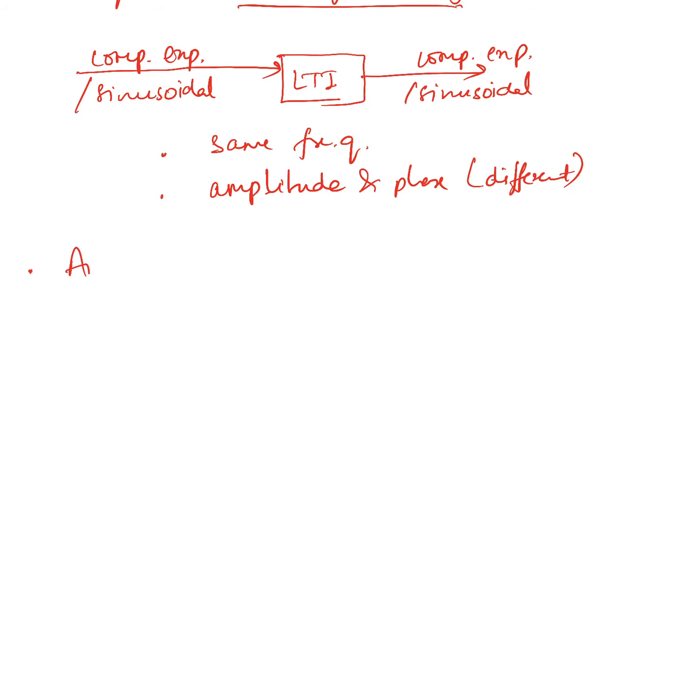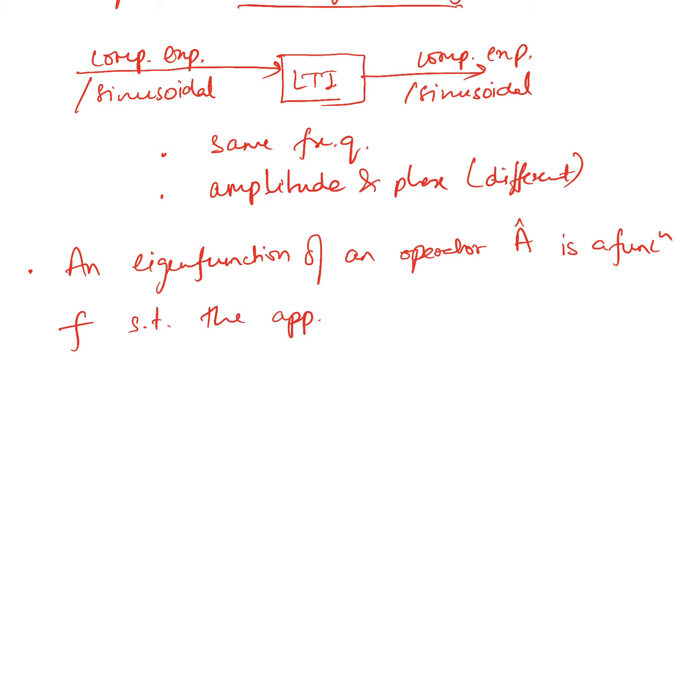So an eigenfunction of an operator, let's call it A hat, is a function, let's say f, such that the application of A hat on f gives f again times a constant.